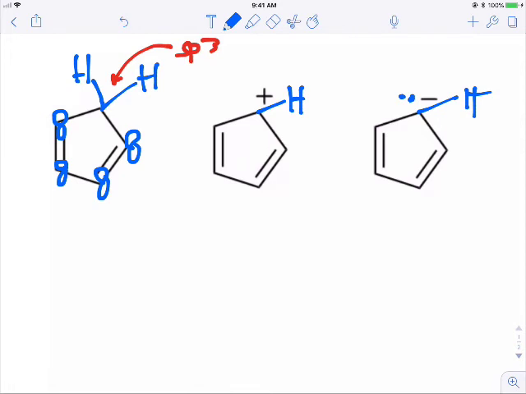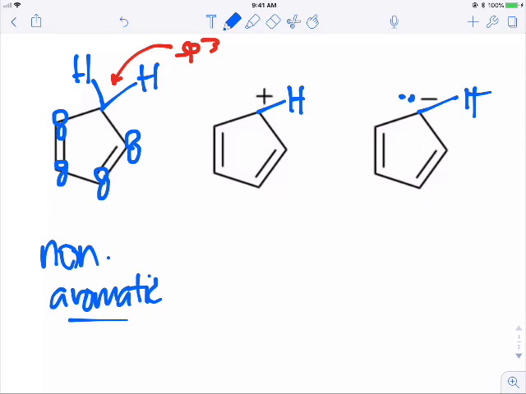They're going to be sp3. Remember that we make a hybrid for every bond that we have. We do not make sigma bonds, I should say, with unhybridized orbitals. They're always being made with the hybrids. So this guy cannot be aromatic. He also can't be anti-aromatic. So we just say he's non-aromatic.